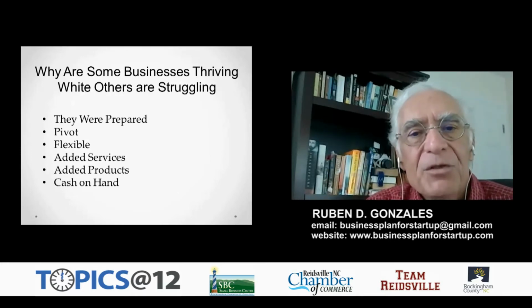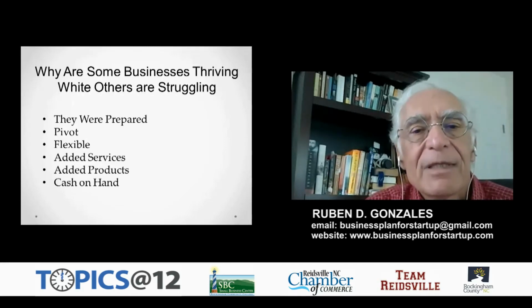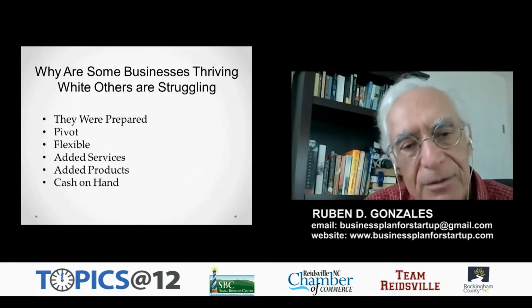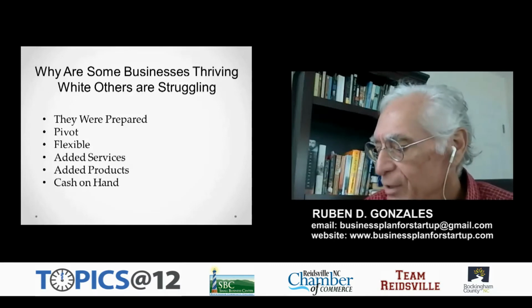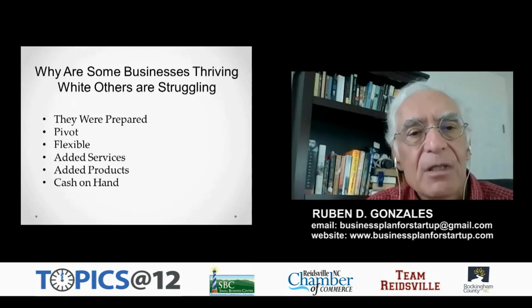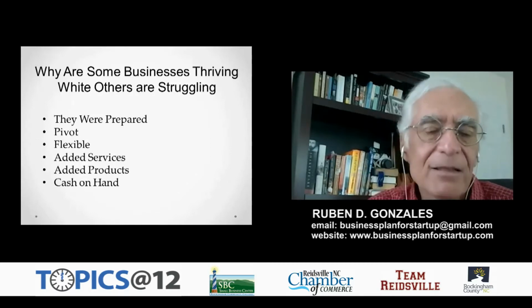Some businesses are still thriving because, quote unquote, they were prepared for the downturn. Being prepared enabled them to pivot. It enabled them to change. It enabled them to adapt to the new demands of the marketplace. When the marketplace changes, there's new demand out there.